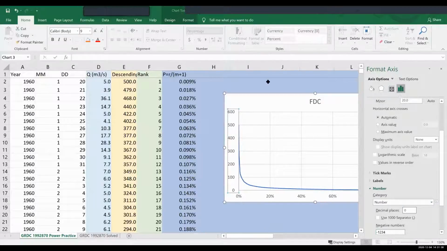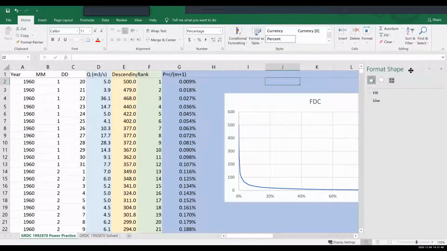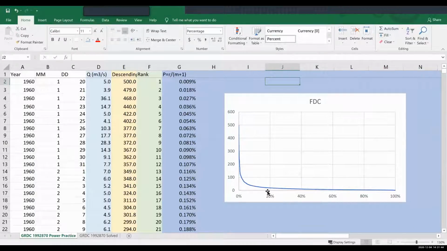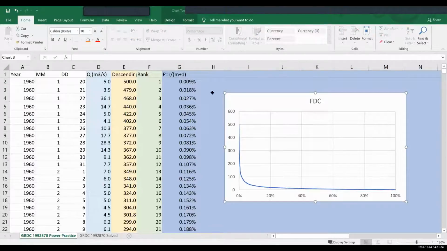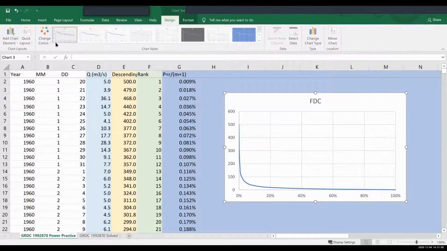Okay, so this is the flow duration curve. Now, one thing we have to be careful about is that there is a big difference: the maximum is 500 and the minimum is almost 0. Of course we can add this design. I will add the elements here.